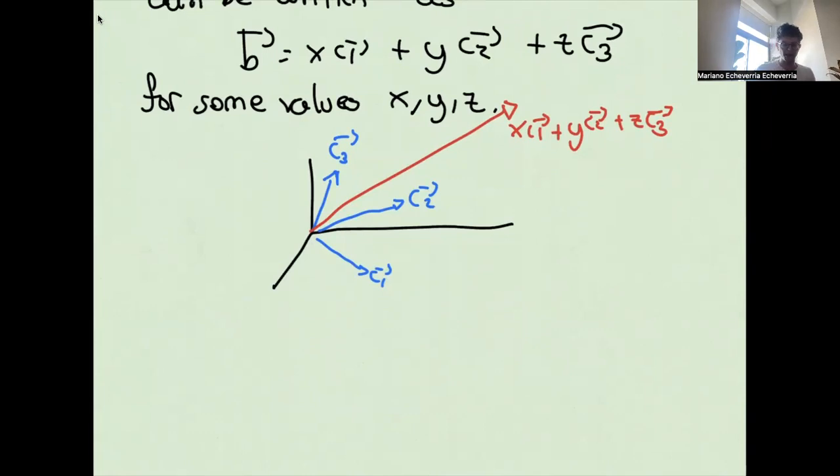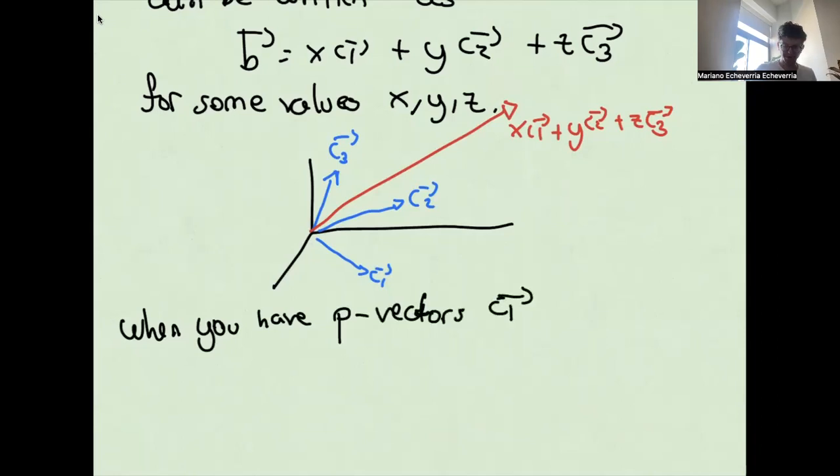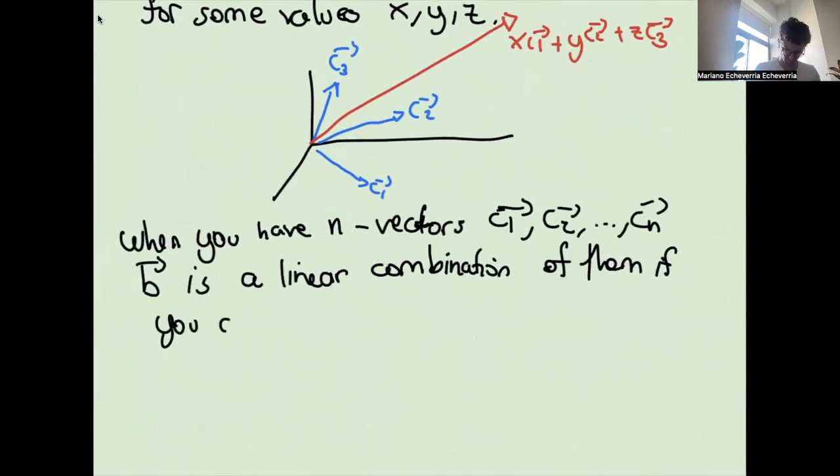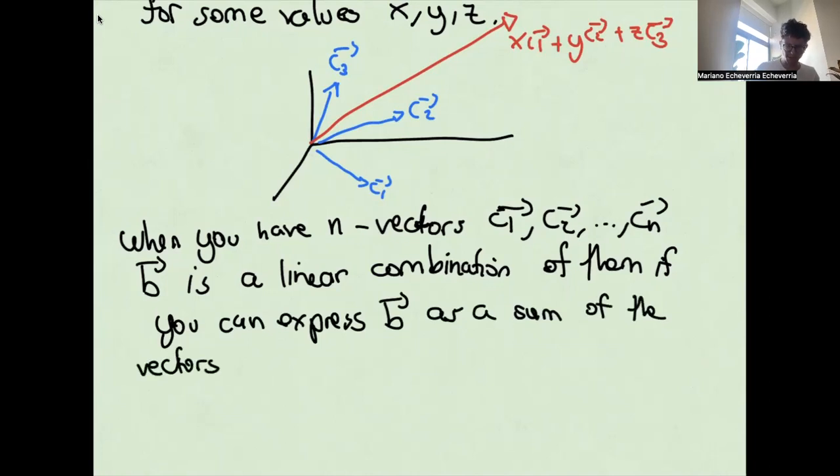So when you have n vectors, b is a linear combination of them if you can express b as a sum of the vectors, meaning that b is a rescaled sum.